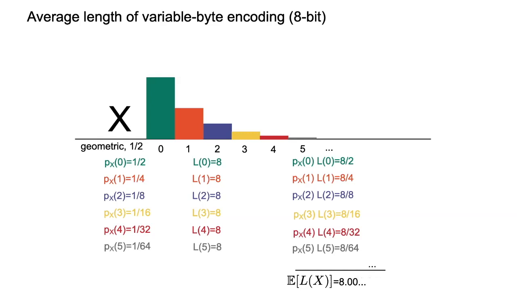So 255, you can go all the way with just 8, and at 256, you will need 16 bits to encode. But this I didn't put on the slide because I would have had to put a lot of rows to achieve that, right? But let's compute now. If I do this weighted average, this actually sums all the way to 8. I don't know if it's actually exactly 8 or maybe a little bit more. Yes?